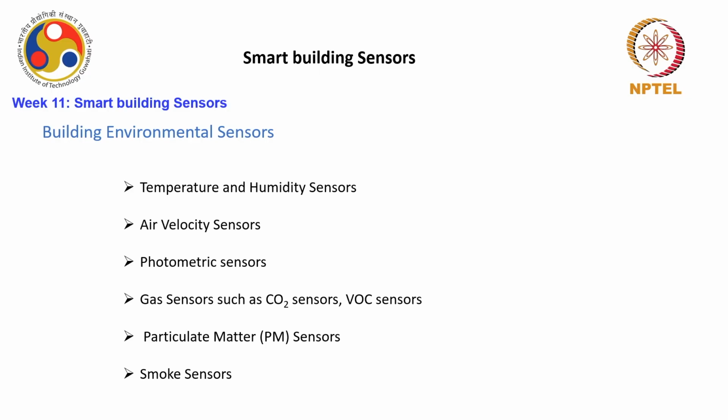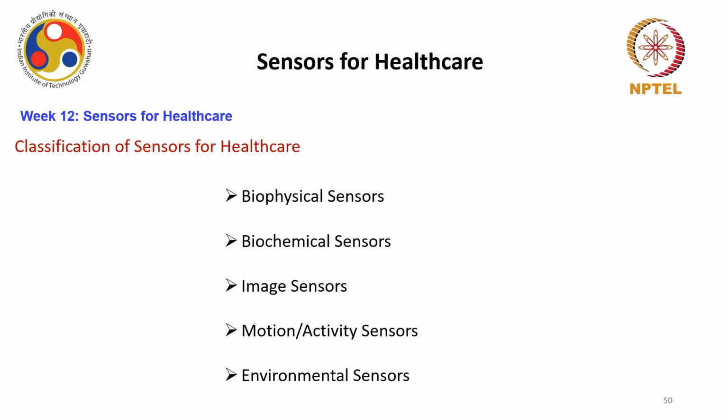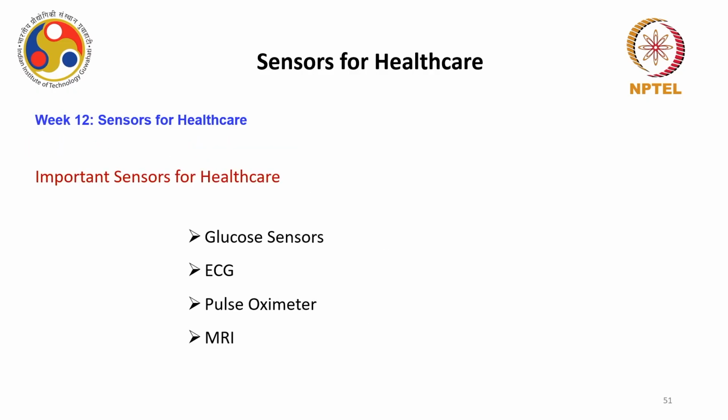Two devices very specific to building environment monitoring were the particulate matter sensors and the smoke sensors, and we have talked about them in detail. And then in the last module that we are still discussing, we talked about different sensors for healthcare applications, including the biophysical sensor, biochemical sensor, image sensor, motion and activity sensors, and environmental sensors.